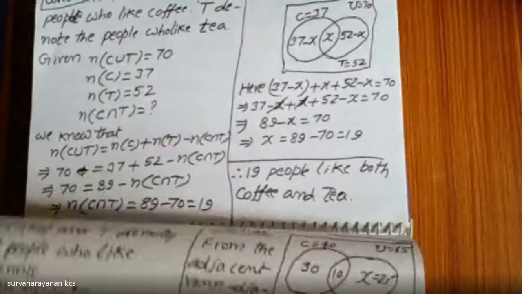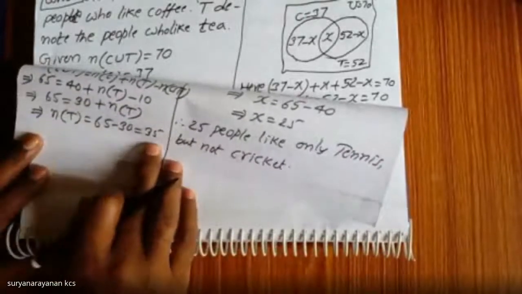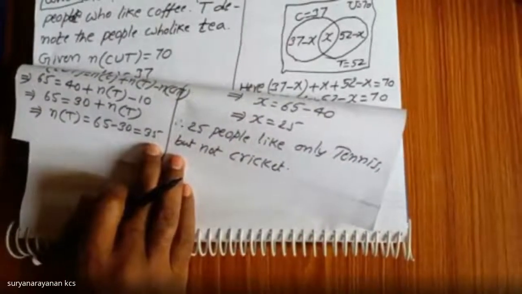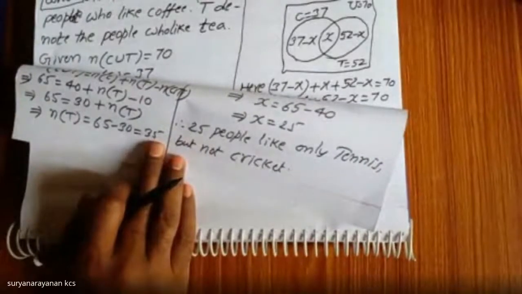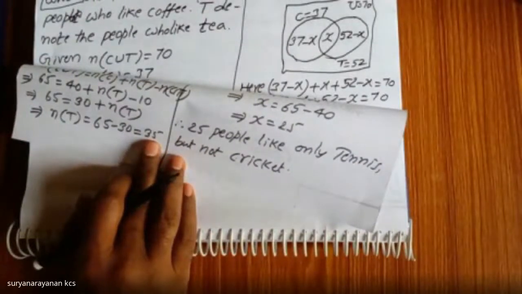Sir, we know that the n of A union B formula we can use to find out. Also, we got only n of T here, in the last step, means the people who like tennis. But among those people, some may like both tennis and cricket also. Out of these 35 people, some may like both. But we have to find the people who like only tennis but not cricket.